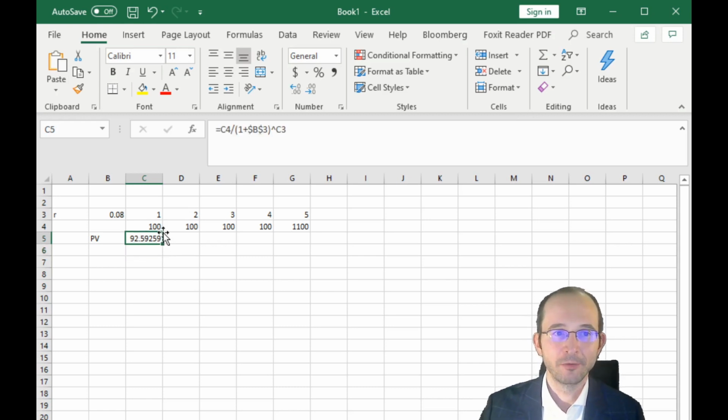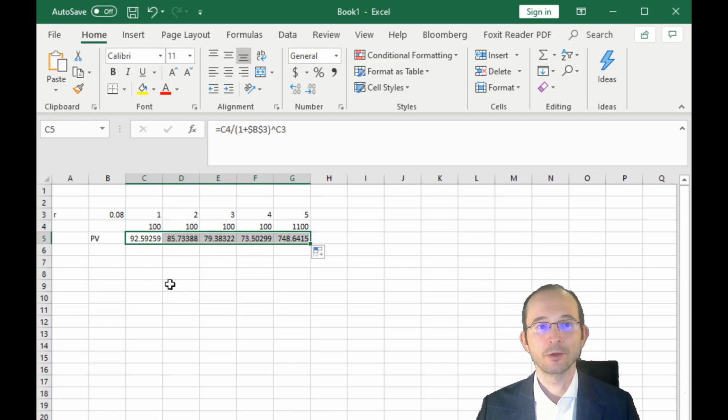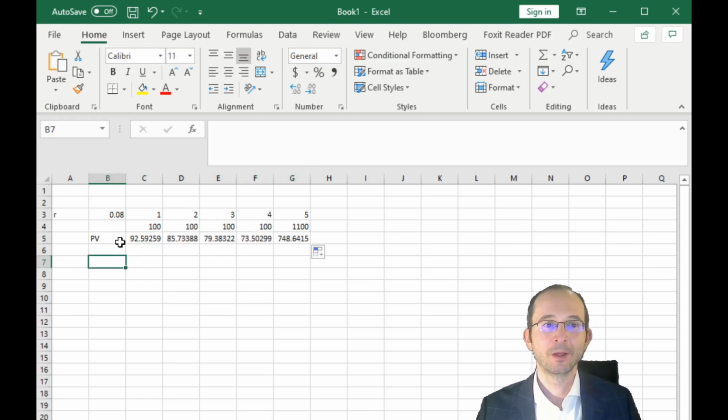So the present value of the 1 year maturity zero coupon is 92.6. We can drag this out. Here's the present values of all of the 5 zero coupons that should represent this coupon-bearing bond.